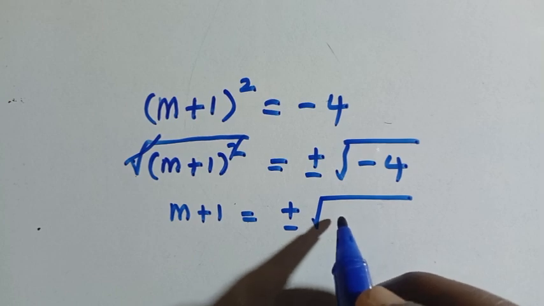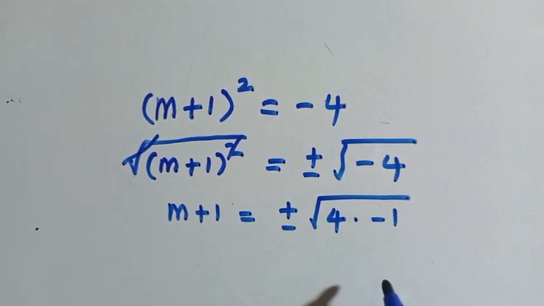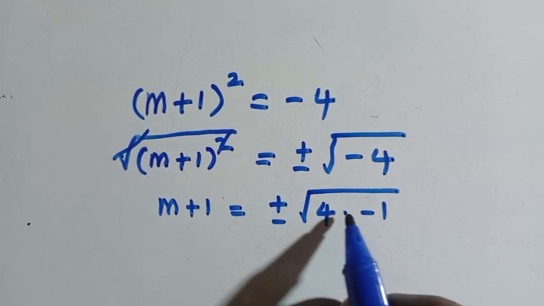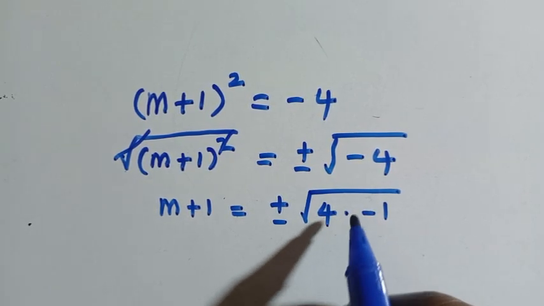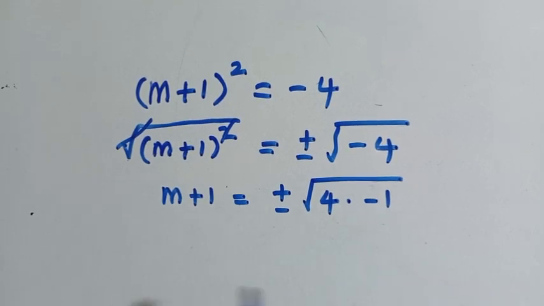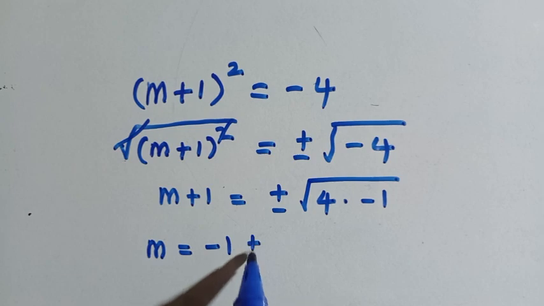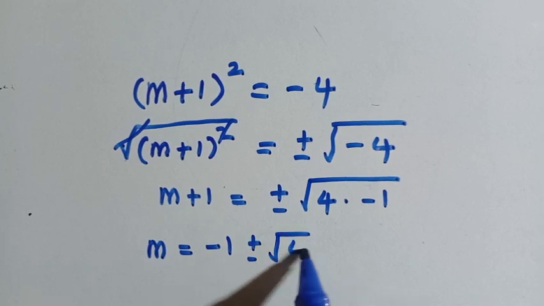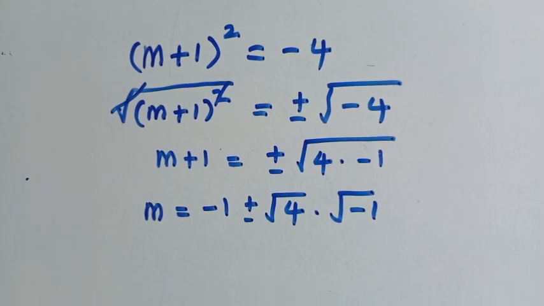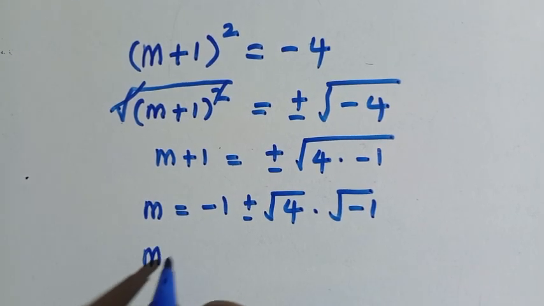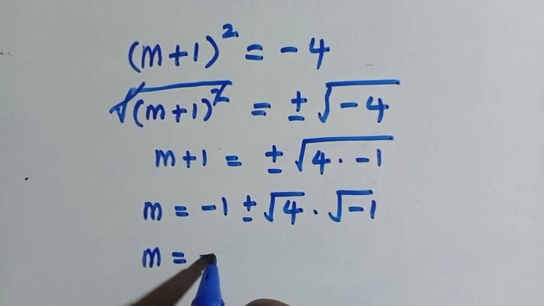So minus 4 here, we can write it as 4 multiplied by minus 1. And here is just like product of a and b, which in short form we can separate as square root of a multiplied by square root of b. So here we have m equals minus 1 plus or minus square root of 4 multiplied by square root of minus 1. And looking at this, we can call this i because it's an imaginary root.